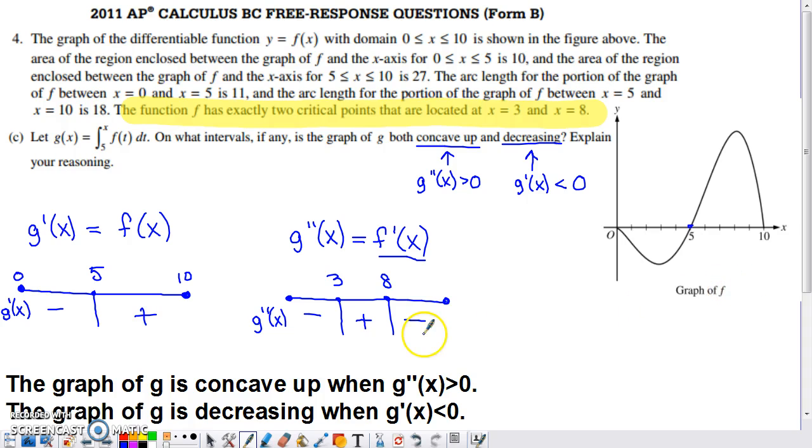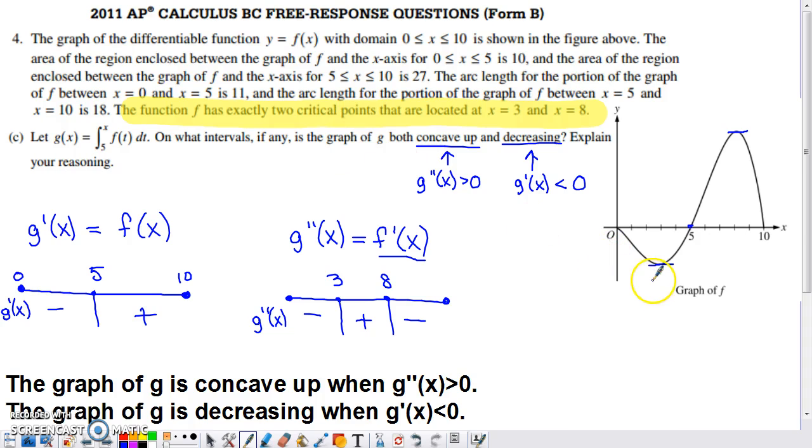And so we do need to know when the first derivative was 0 at this horizontal tangent and at this horizontal tangent, and that's where this last little bit within the problem setup is useful. f has 2 critical points. Remember, critical points are locations where the derivative is either 0 or undefined.